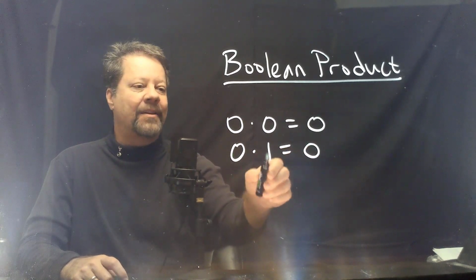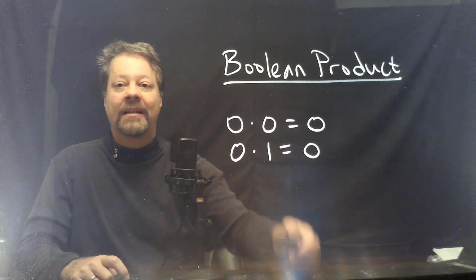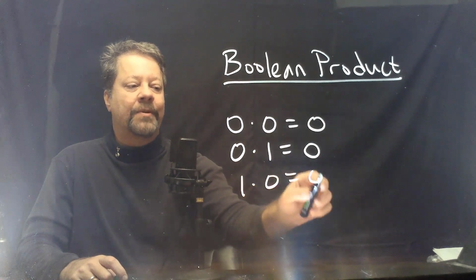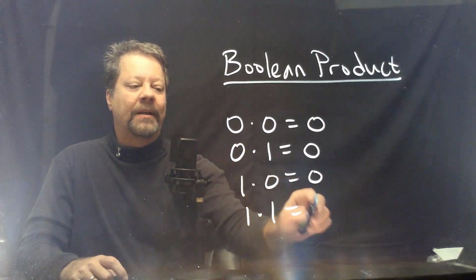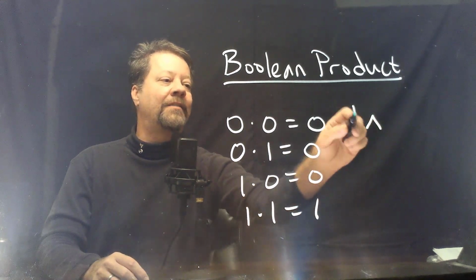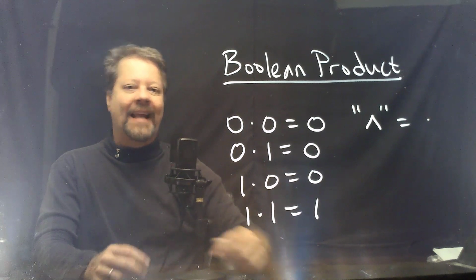False and true is still false because they have to both be true to be true as an AND statement. 1 times 0 is, of course, 0, and 1 times 1 is 1. So here we're thinking of the product as being like an AND. Do you see how nicely this Boolean arithmetic fits with our propositional calculus?